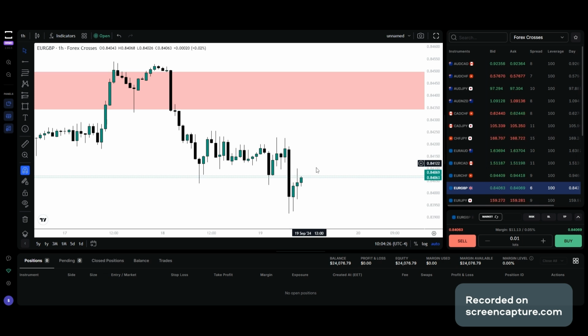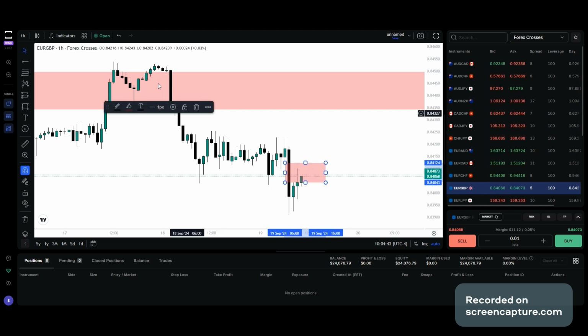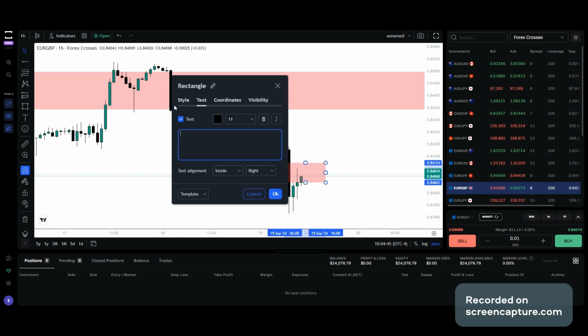And I'd like to see price continue to move lower from this 1 hour key level, that I'll just plot out here real quickly. So H1 SIBI.